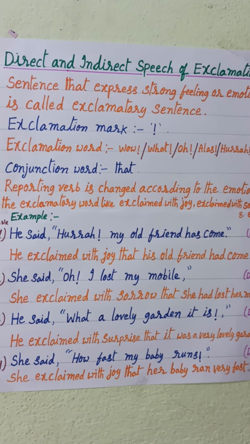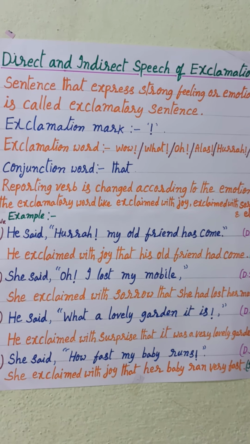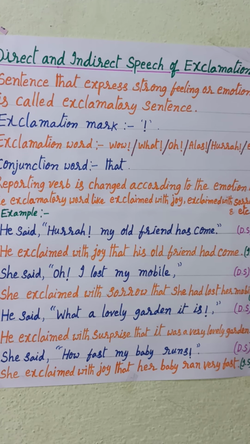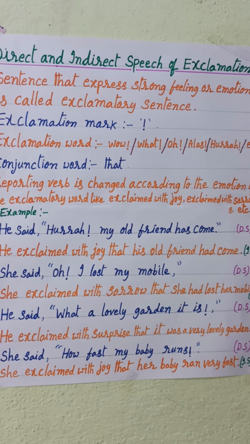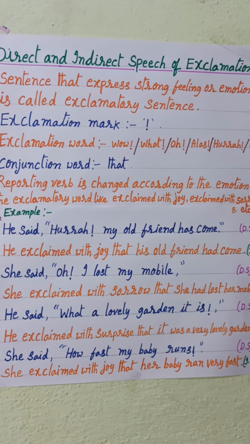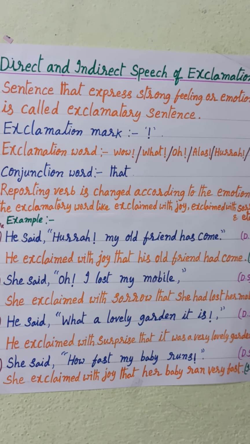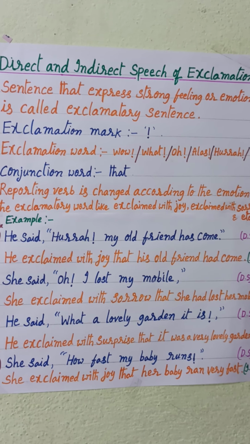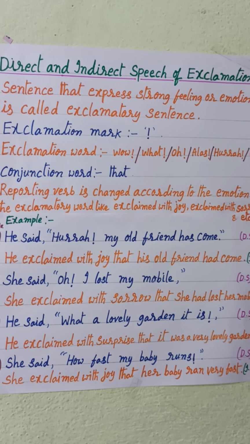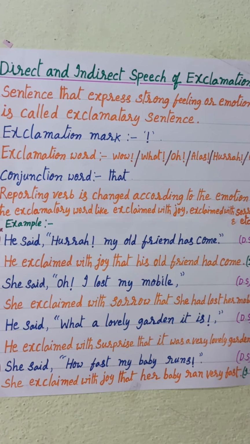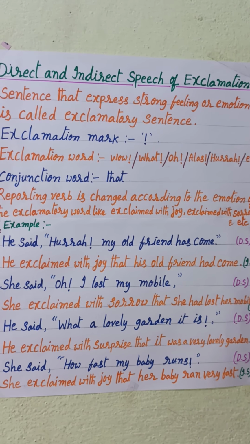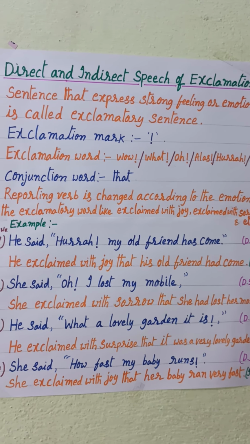So, she said, "Oh, I lost my mobile." It is direct speech. She exclaimed with sorrow that she had lost her mobile, and full stop. It is indirect speech.